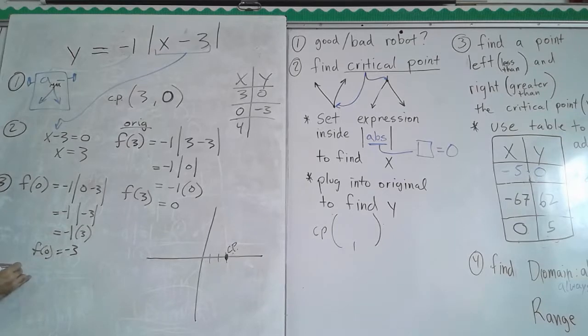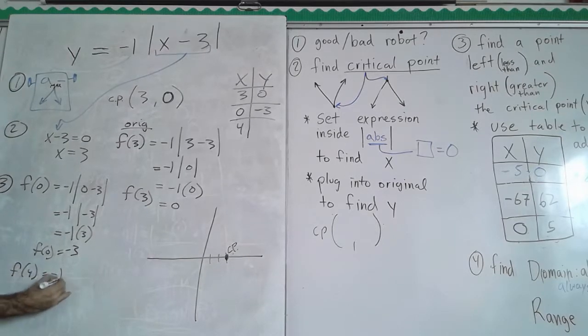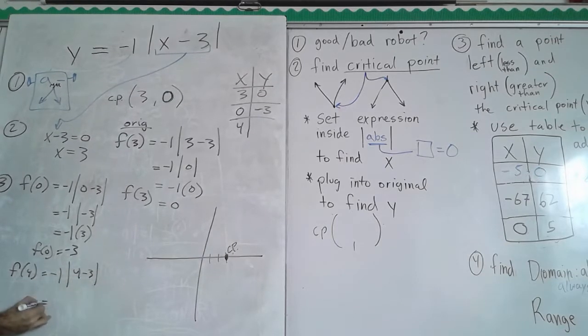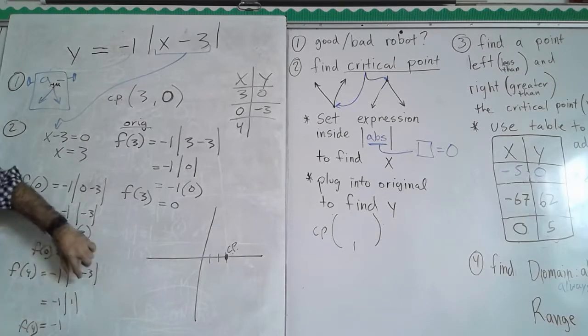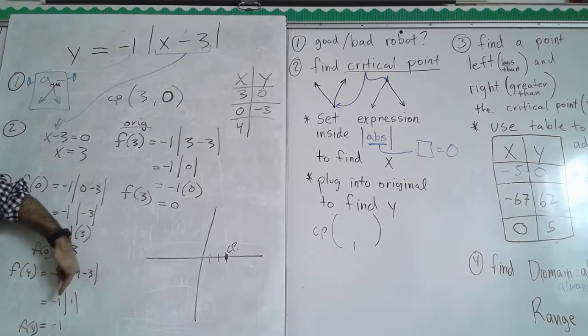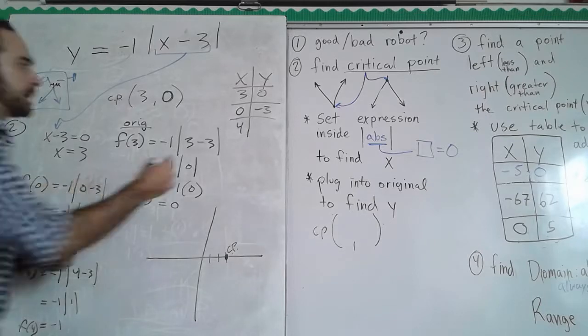All right, how about, let's plug in 4, f of 4, negative 1, 4 minus 3, negative 1, absolute value of 1, so we end up with negative 1. I didn't put that last step there, but the absolute value of 1 is 1 times the negative 1. That's how I got my negative 1 there. Okay, great.